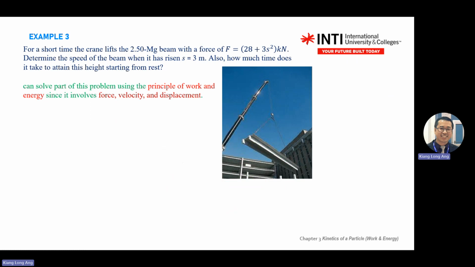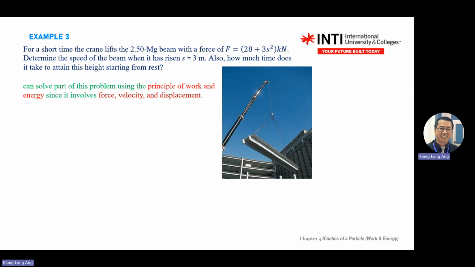So example 3, I will just go very fast, but try to observe the way we solve it. So you have a crane, it's an application problem for civil, right? So you move a steel beam, and the crane lifts a 2.5 megagram beam. So remember to change to SI unit. Megagram change to kilogram.